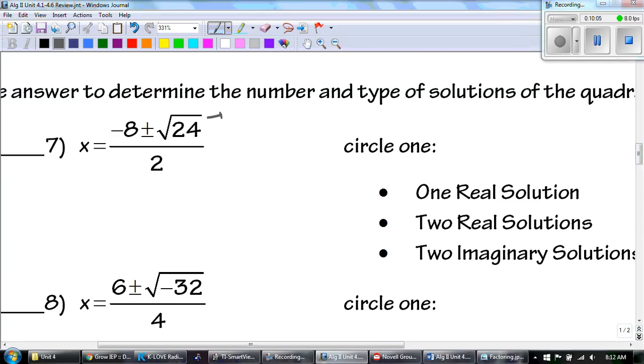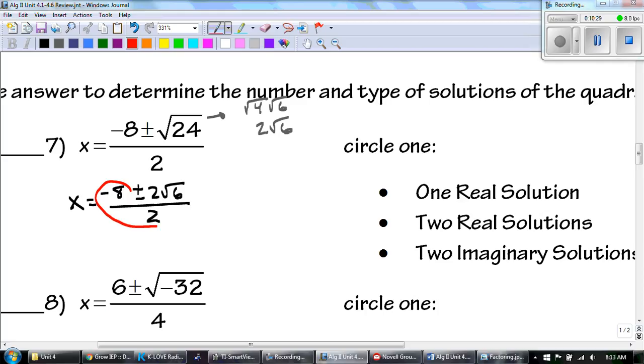Now I need to break down the square root of 24, which breaks down to square root of 4 and the square root of 6, and the square root of 4 is 2. So we have x equals -8 plus or minus 2 square root 6, all divided by 2.